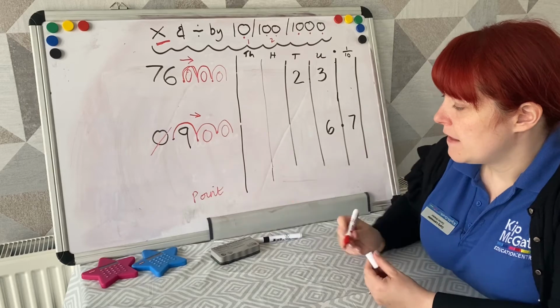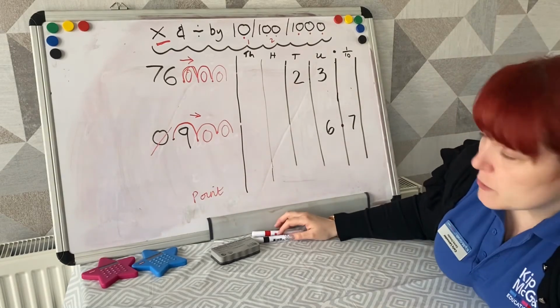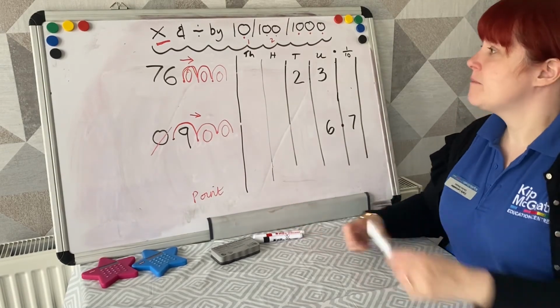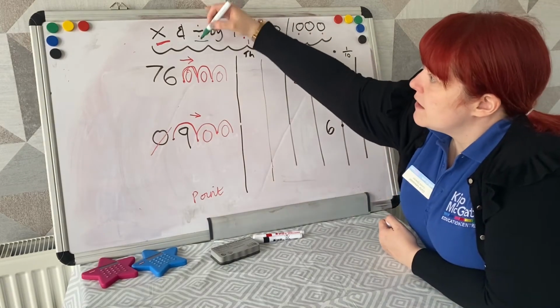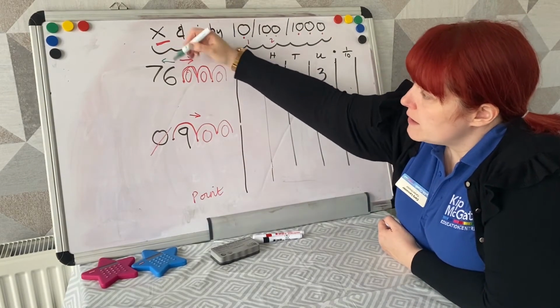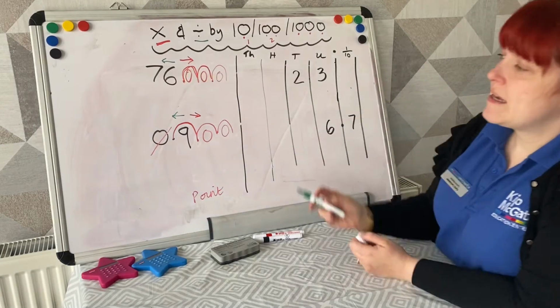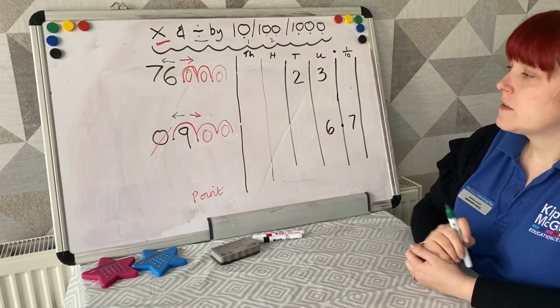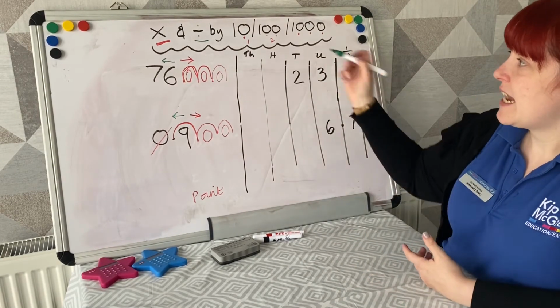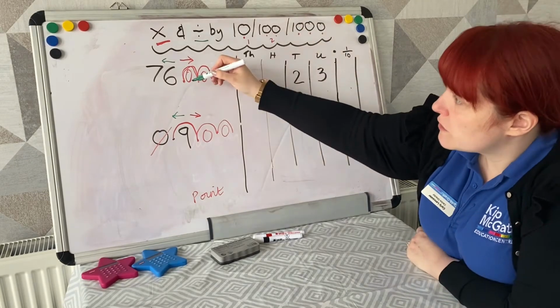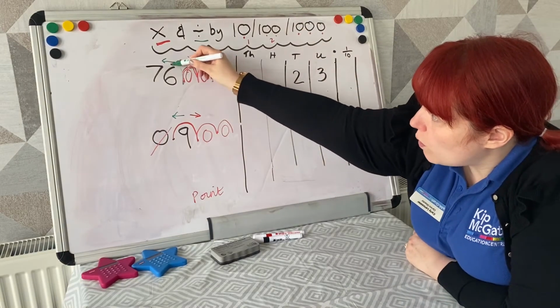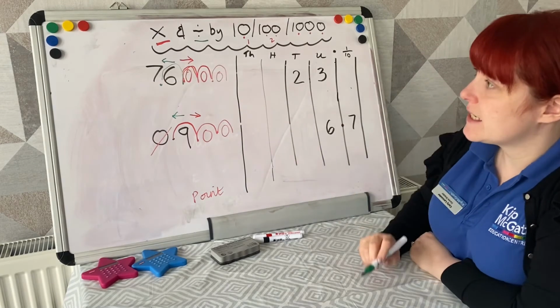Okay. And we can do it the same the other way around. So this time we're dividing. So when we're dividing, on this version, we go that way because we're making the number smaller. Okay, so if I was to divide by 10, it's still one place. So the decimal point is moving one place that way to make it 7.6.